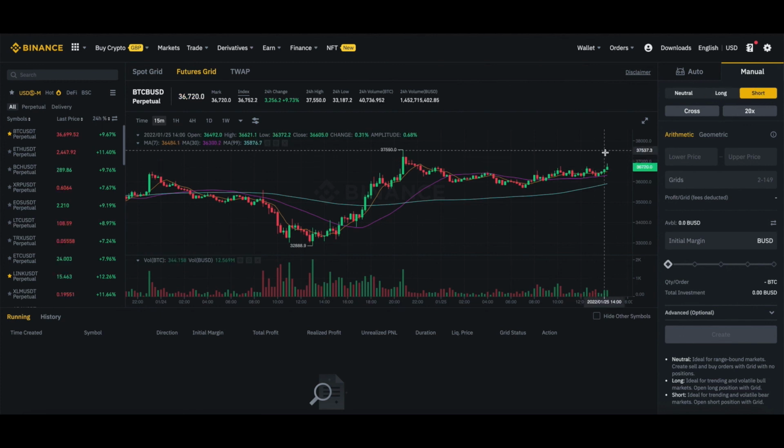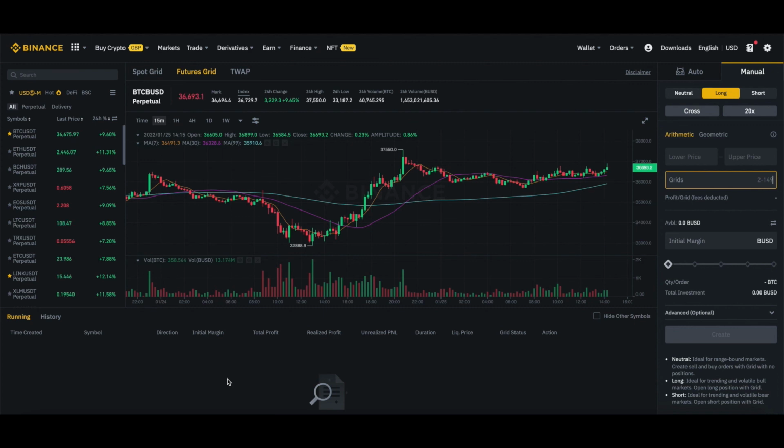It's just going to be more focused towards the price going down, or in the long, the price going up. But other than that, it's exactly the same as on the spot grids. But in your lower price, you've got a higher choice of grids on here as well, which makes it more useful. But yeah, those two are just a little bit of extra for you to enjoy on Binance.